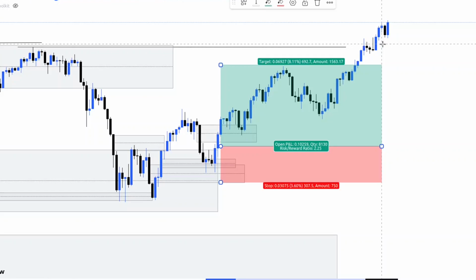It's not all about knowing where the market is drawn to. It's about analyzing the market context. If the market is bearish, the bullish fair value gaps are supposed to be disrespected, bearish fair value gaps respected. If the market is bullish, the bullish fair value gaps are supposed to be respected, the bearish disrespected.